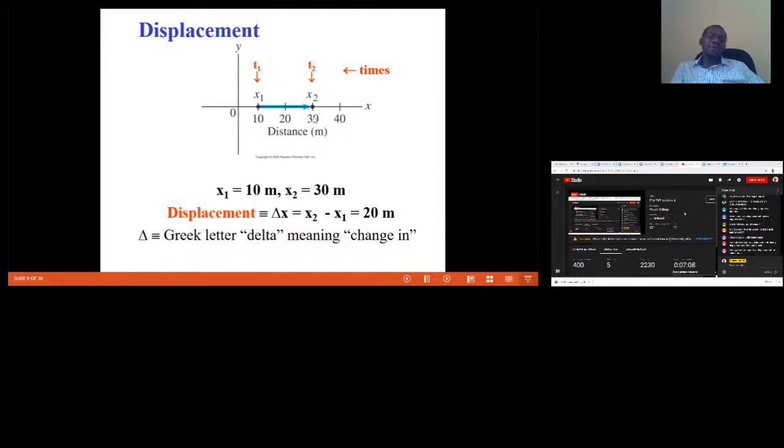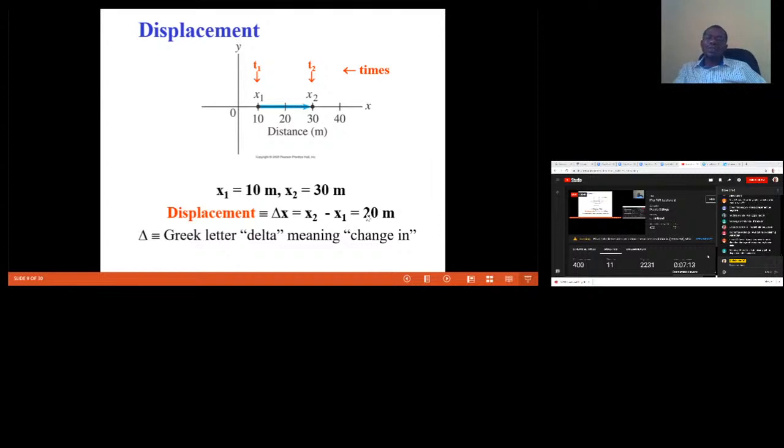So what is the displacement that has been made by such an object? As we have said, displacement is basically calculated by final position minus initial position. So the final position is 30, and the initial position, which is 10, you put it here, you find the difference. Then you find that the difference is 20 meters.